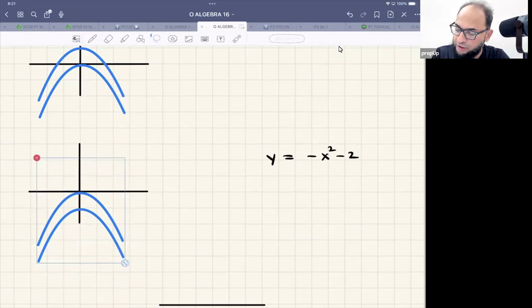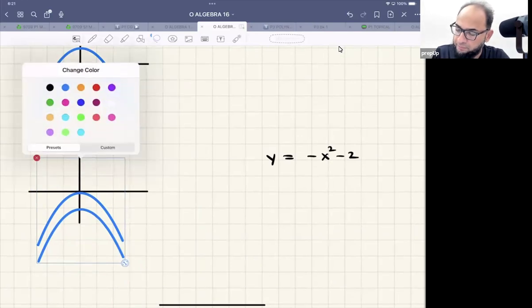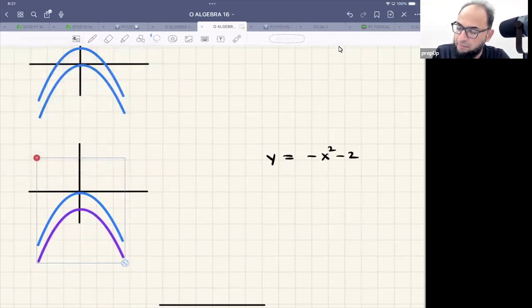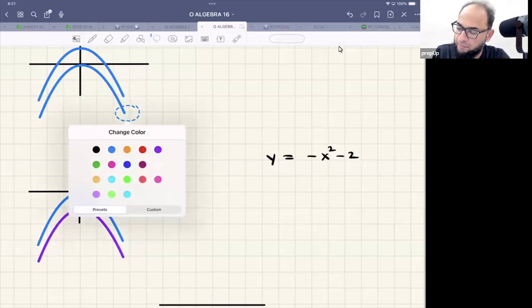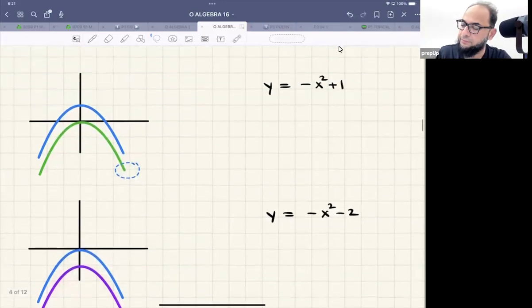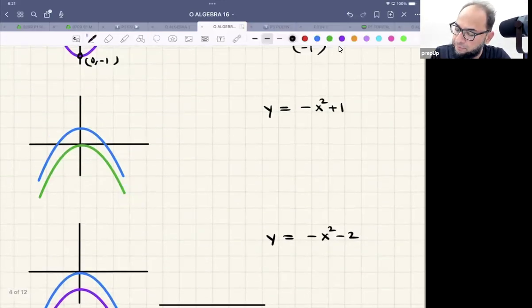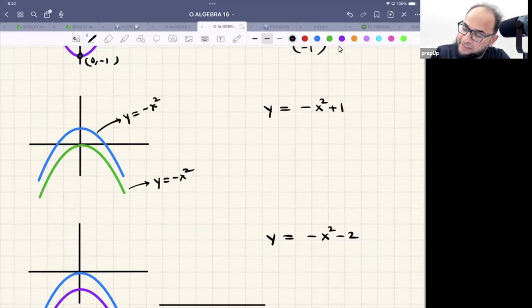And let me just change the color. This is purple, and this thing goes like this. Okay, so this is green like this. So the green one is y is equal to negative x square plus 1.